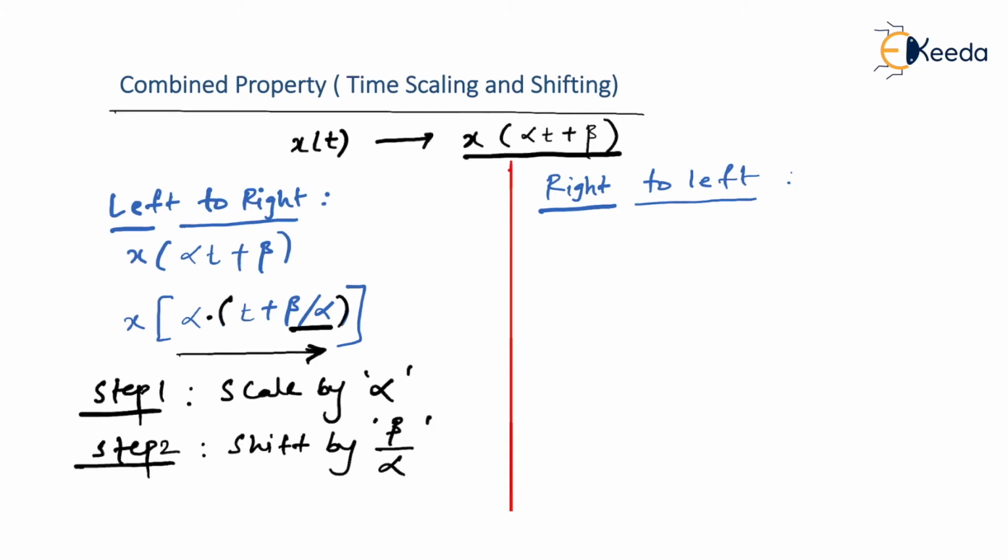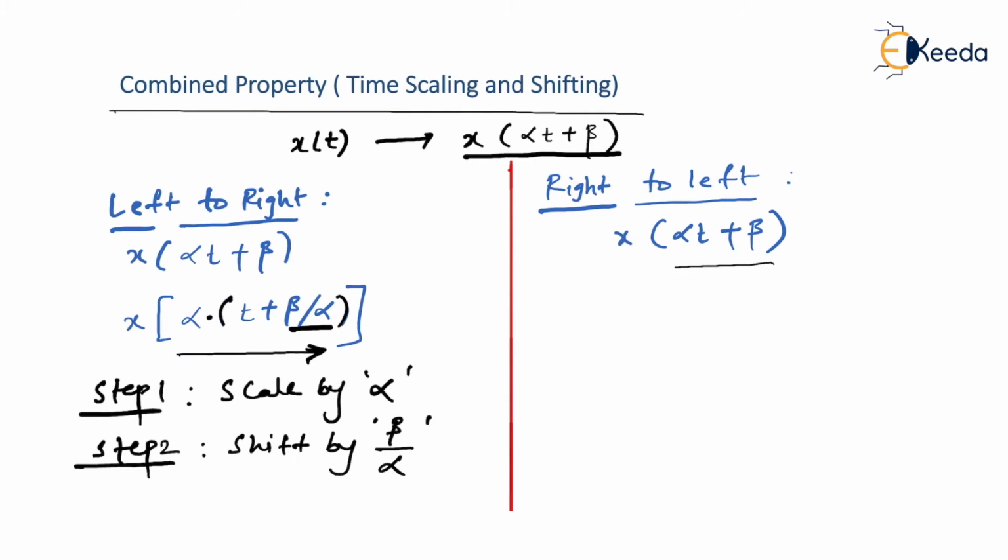Again, what is given to me, let me just write it down: x of alpha t plus beta. Since you are going from right to left, you don't have to make t coefficient free. I repeat, when you are using this approach, right to left approach, you don't have to make t coefficient free.